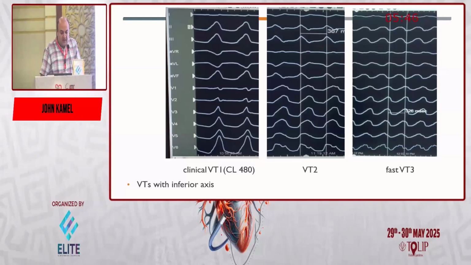Inferior axis, so it is from the anterior wall, and as you can see, it also has V1 to V6 almost positive concordance, so it is a basal anterior exit. But as you can see, VT1, VT2, VT3 have different morphology. One is slow, one fast, but all of them share inferior axis and basal location.